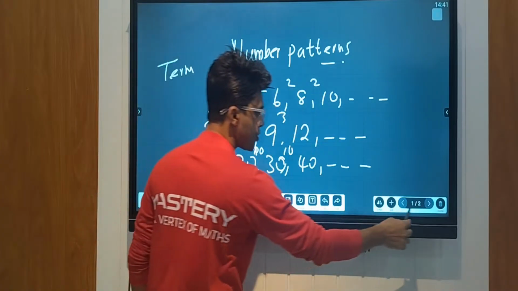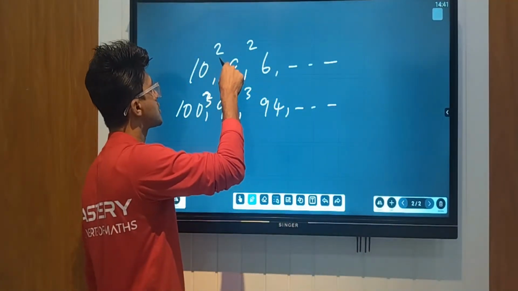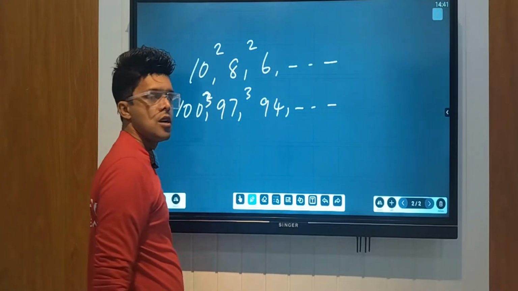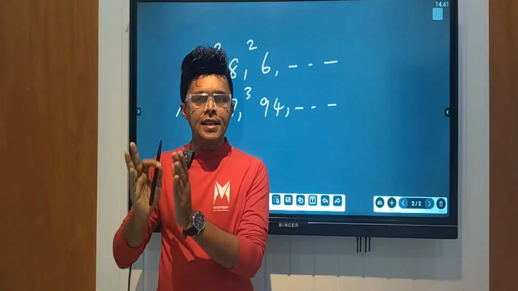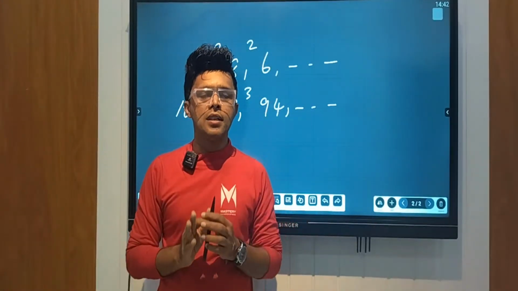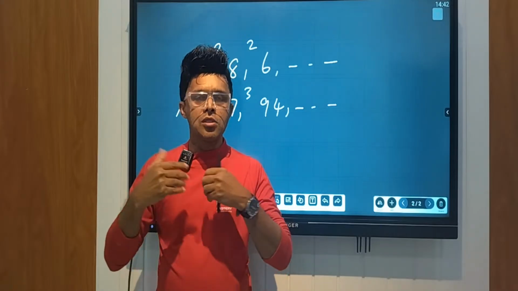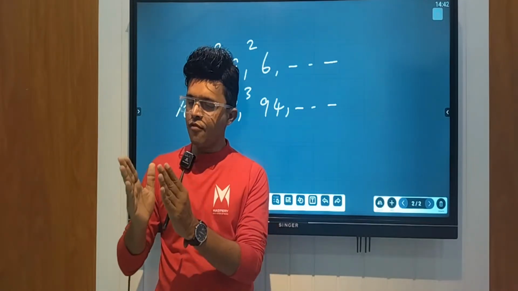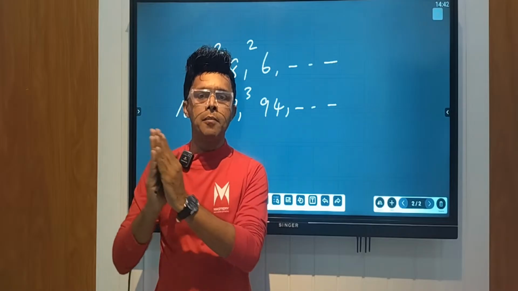When it comes to this one, you could see subtraction: 10 minus 2 is 8, 8 minus 2 is 6, and so on. So when you add or subtract and are able to get a pattern, considering numbers, that type of pattern we name as number patterns.